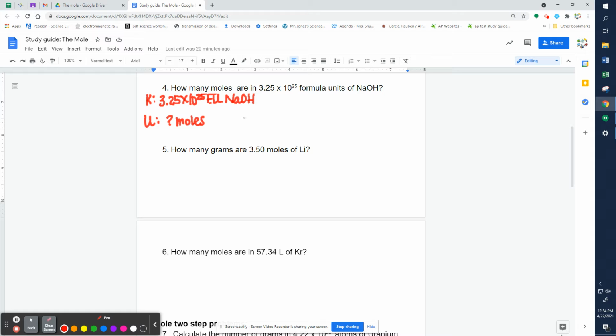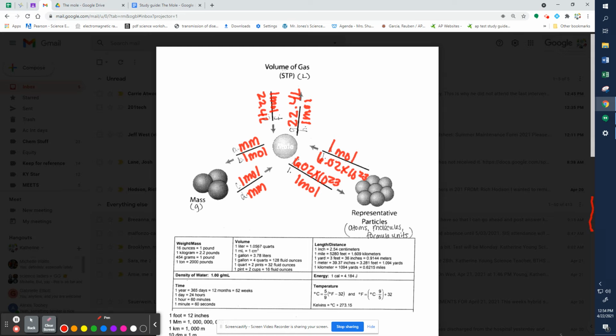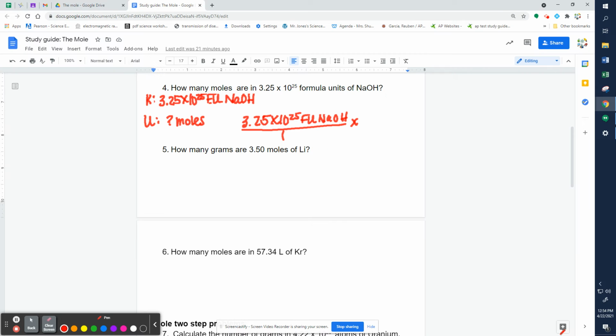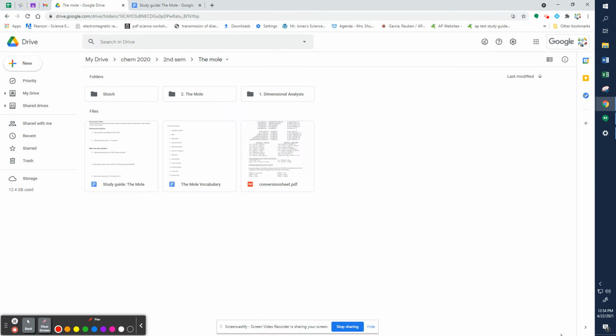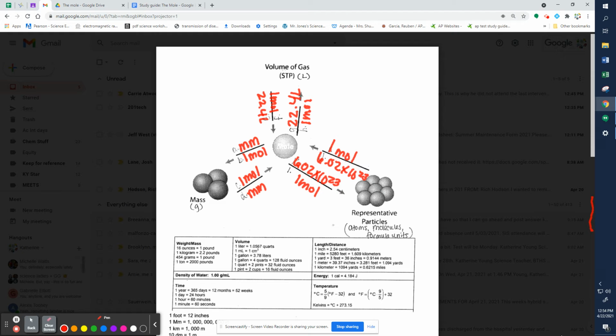Okay. I'm going to start with my known and put it over 1. Then I'm going to check my chart. Using my chart, I know I'm going from formula units to moles. Formula units are down here in the particles, and we're going to moles. So that's the center.